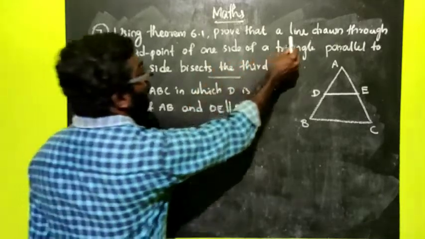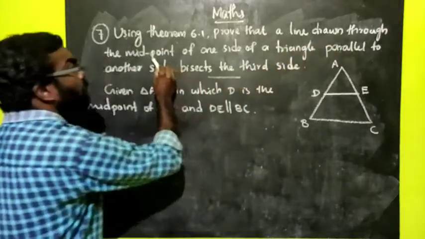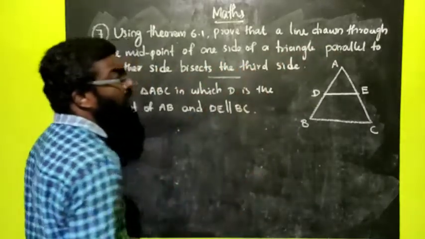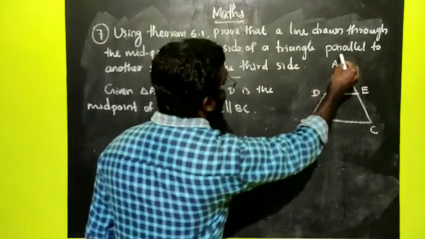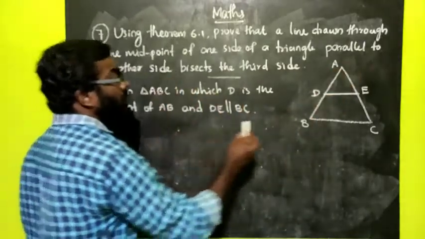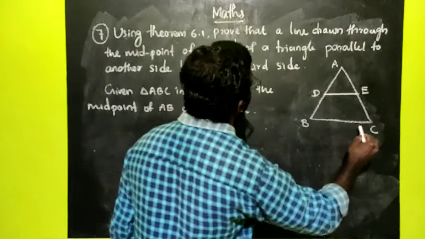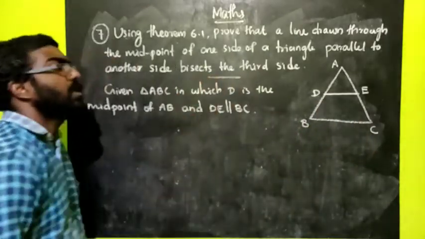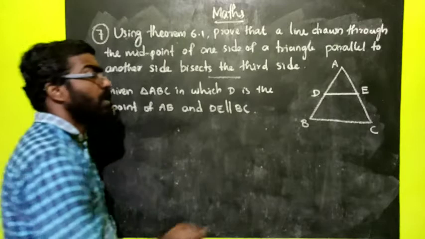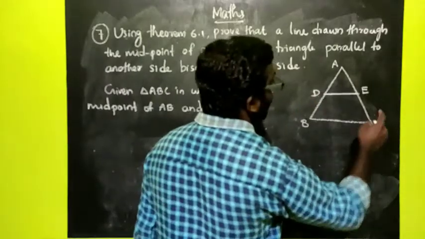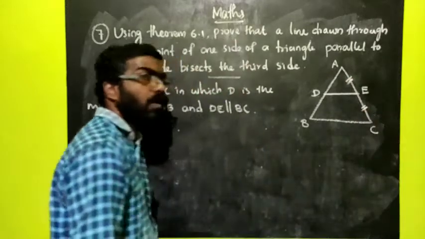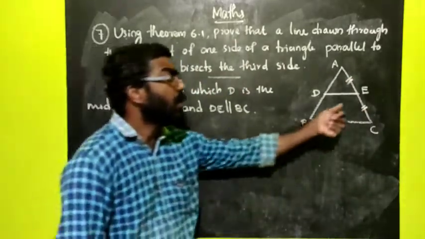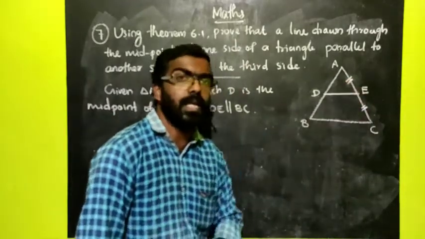A line drawn through the midpoint of one side of a triangle, that is, D is the midpoint of AB, and parallel to another side, so DE is parallel to BC, bisects the third side. We have to prove DE bisects AC. That means AE and EC are equal, or in other words, E is the midpoint of AC.